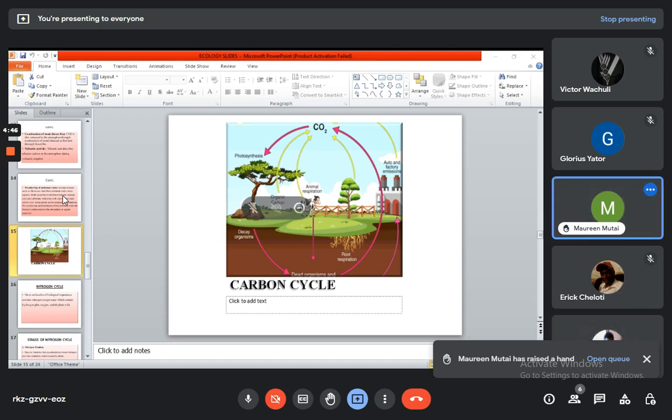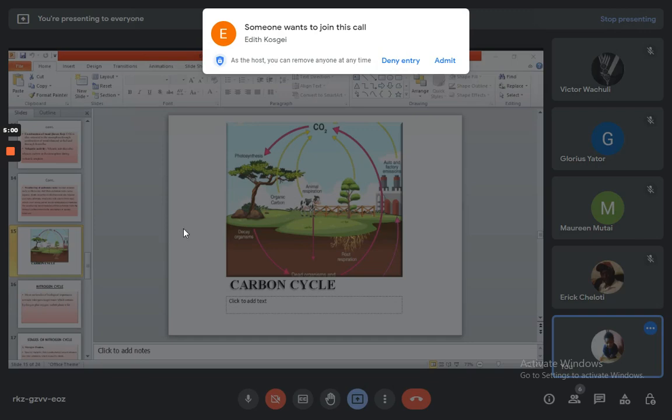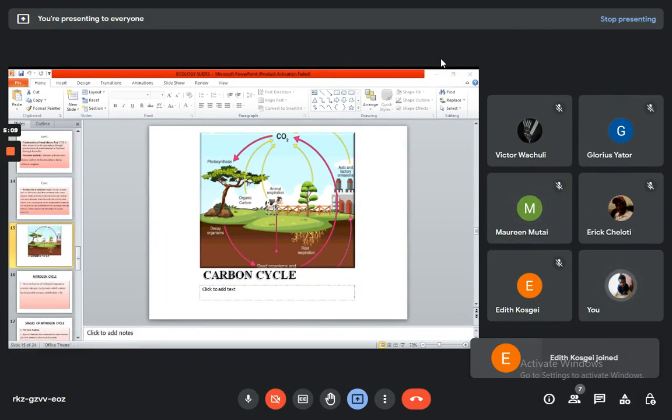Respiration. Yes, we have respiration. Thank you, Maureen. Wechuli? Victor? Combustion. Yeah, we have combustion. Photosynthesis. Thank you, Maureen. Photosynthesis is a way, but it is a way that carbon is removed from the atmosphere.